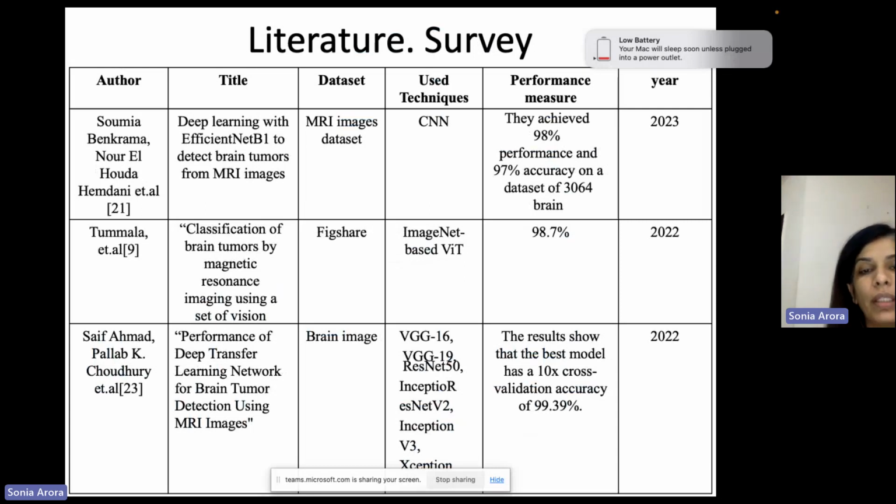Next, Saif Ahmed studied the performance of deep transfer learning networks for brain tumor detection using MRI. He used VGG16, VGG19, ResNet50, Inception ResNet V2, Inception V3, and Xception. The results show that the best model had 10-fold cross validation accuracy of 99.39.